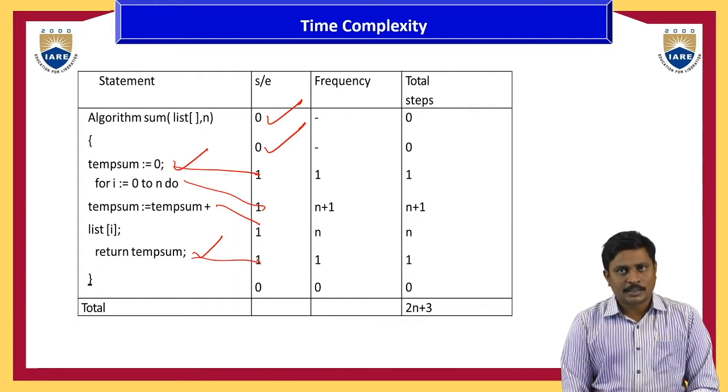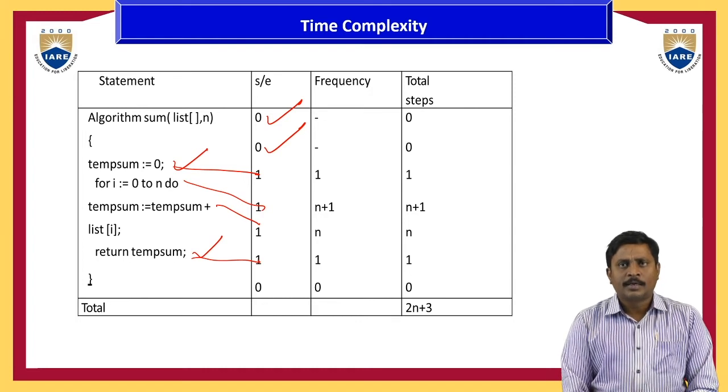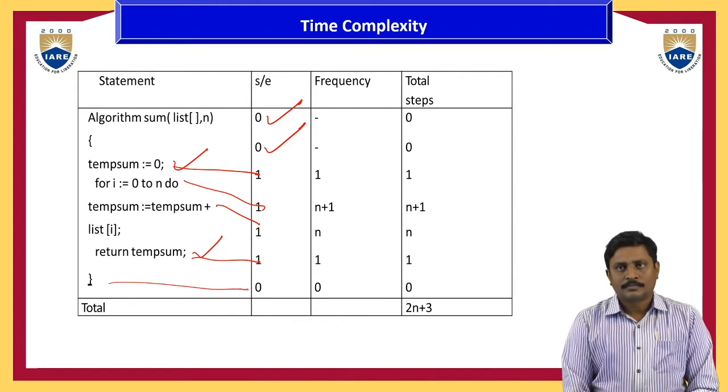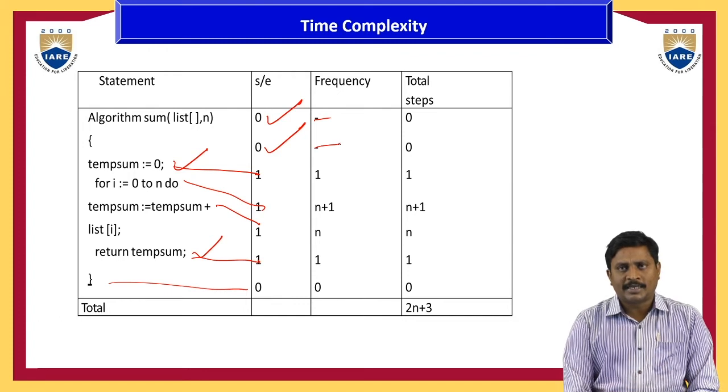Step for execution we write only if the statement takes some time. If it takes time, we write 1. The repetition we write in frequency. So this brace takes 0. Here 0 means it won't take any time for execution.